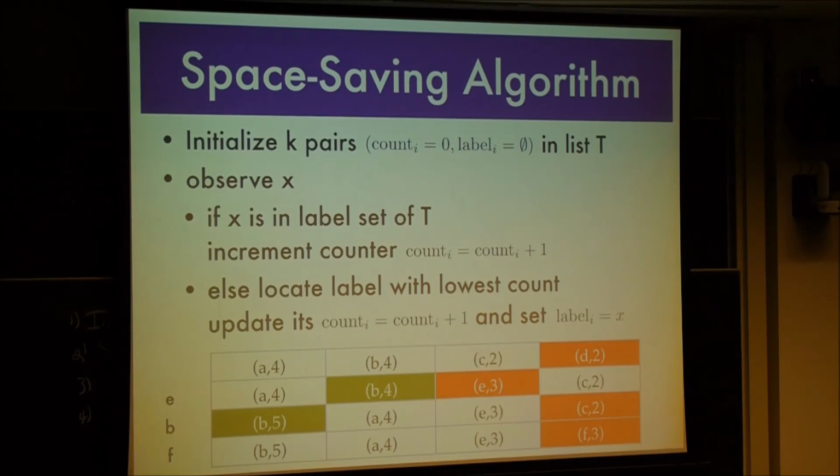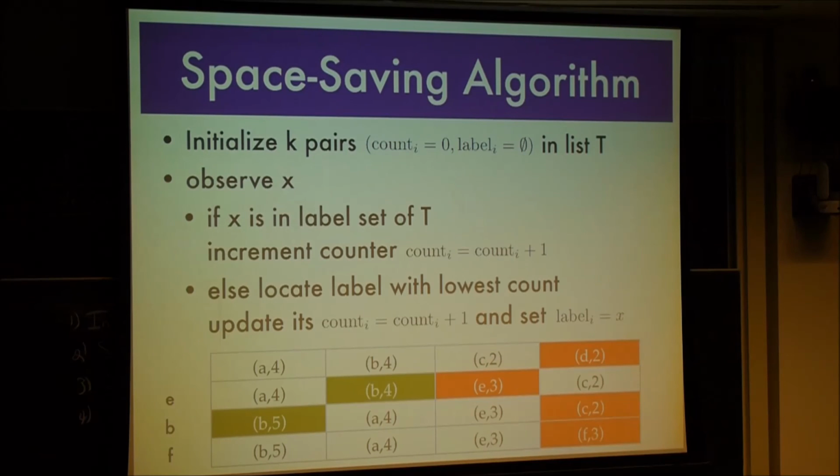Okay. So it's called space saving, and this is by Metwally and some others. No, sorry, Manku and Motwani is the lossy counting algorithm. So you basically initialize k pairs just like you would in a table of most frequent elements. They consist of a counter and a label.